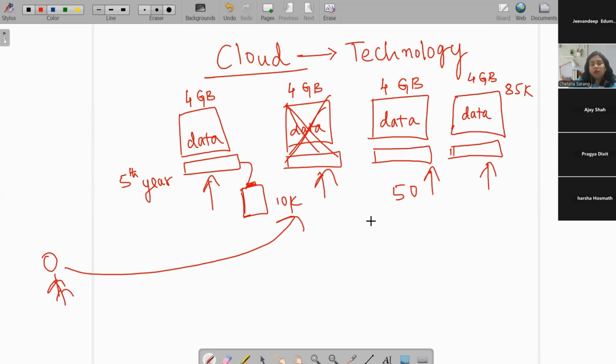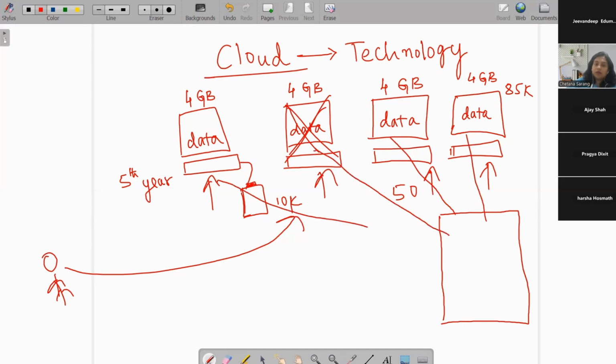So you can tell them, we'll do something. We will get a big server to the school and connect all these systems to it. This server is nothing but a big computer with high speed processing ability.